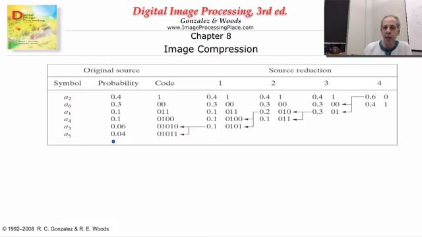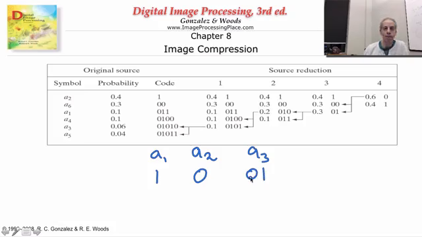Let's give an example of something which is not a prefix code. Let's say that the symbol A1 is represented by the code 1. The symbol A2 is represented by the code 0. And the symbol A3 is represented by the code 0, 1. So when the decoder sees 0, 1, there are two possibilities.